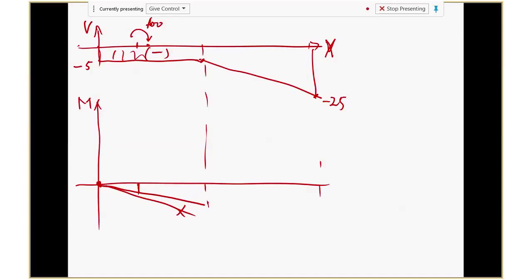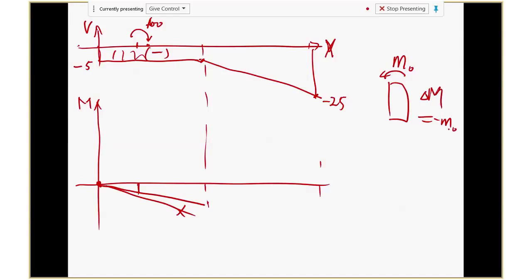Jump. Right? The moment jumps by the concentrated moment. So now is it up or down? See, I heard different opinions. Up or down? No, it's up. Remember this diagram we drew? If there's a moment M0 this way, it's going to be delta M equals negative M0.